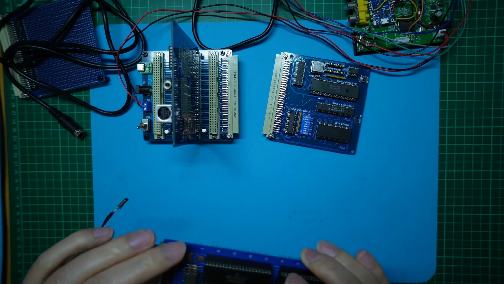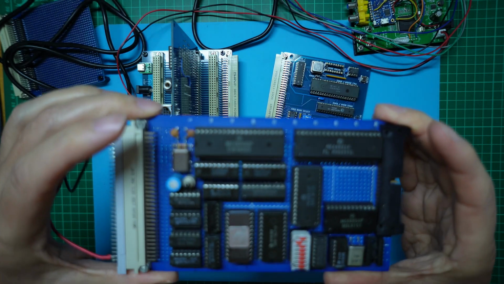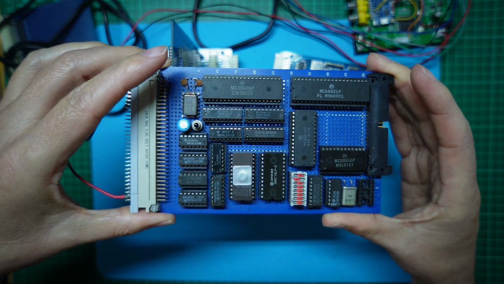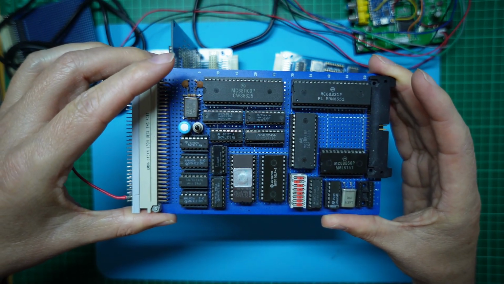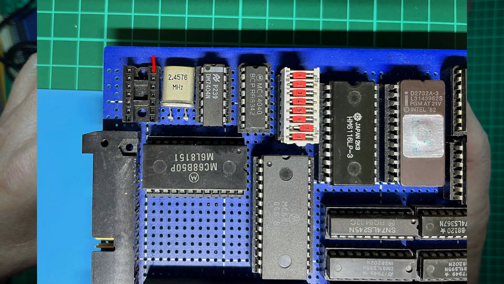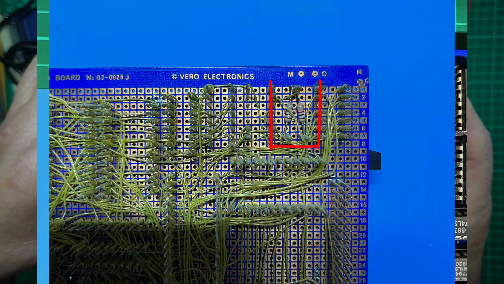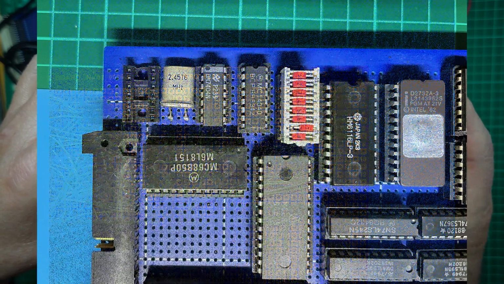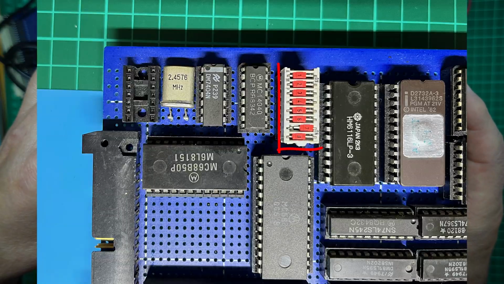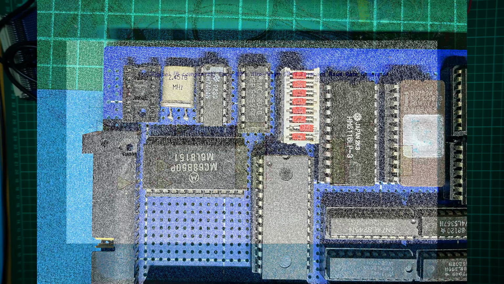Taking a look at my original early 80s YRAP 6809 Euro card, the baud rate generator was created using a 2.4576 MHz crystal, a couple of resistors, a TTL 7404 hex inverter, a CMOS 4040 12-stage ripple counter, and an 8-way dual inline switch.